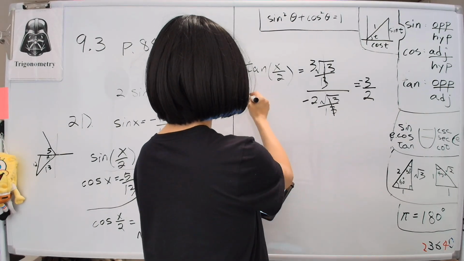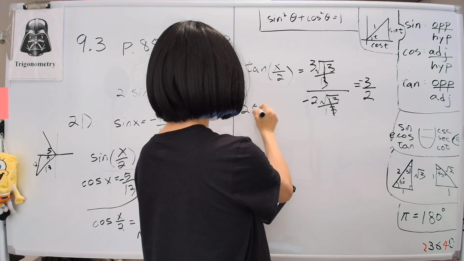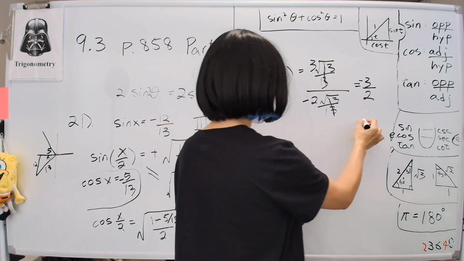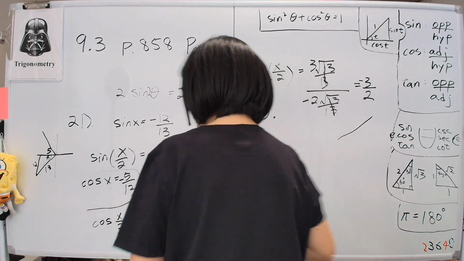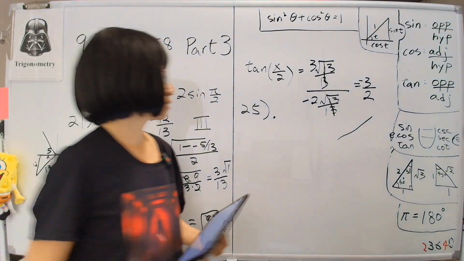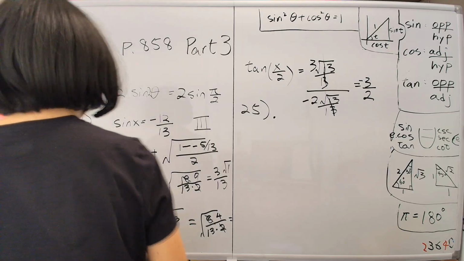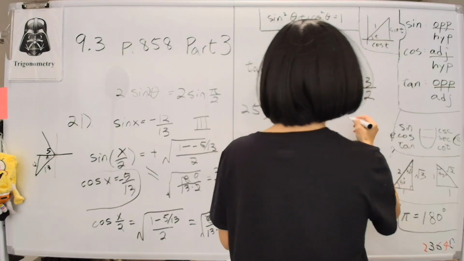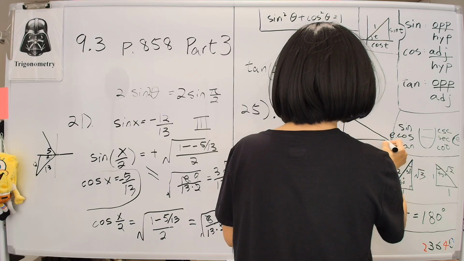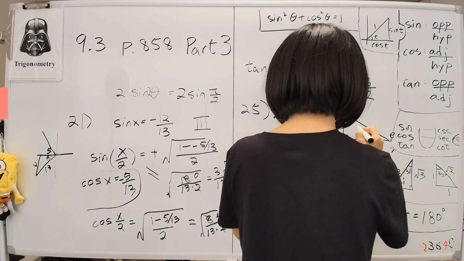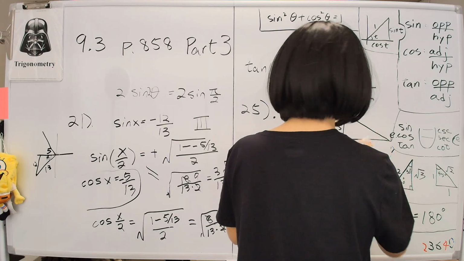Let's go 25, where we have a triangle here. Oops, the first line I drew is wrong. Still wrong.